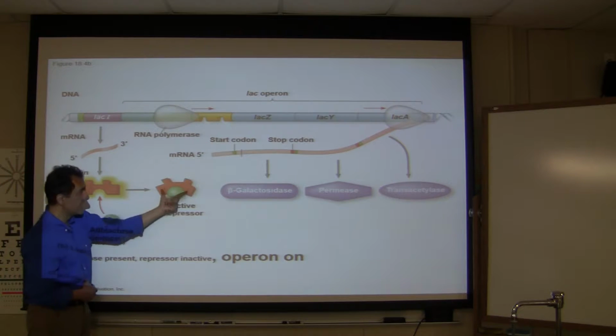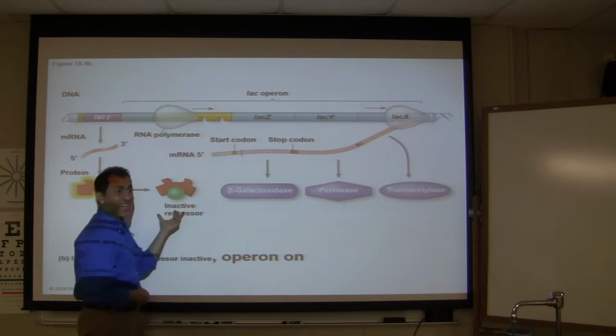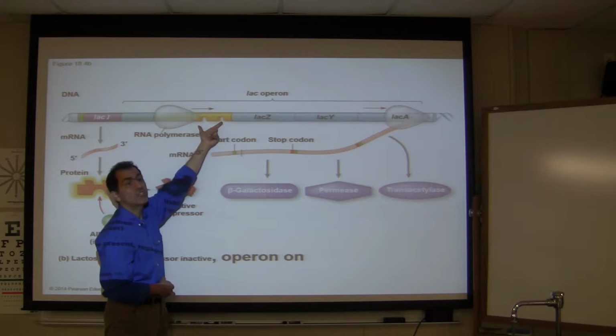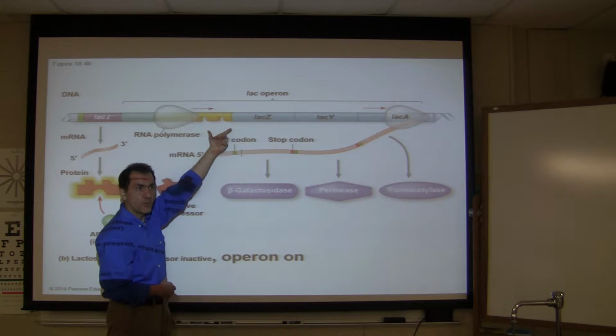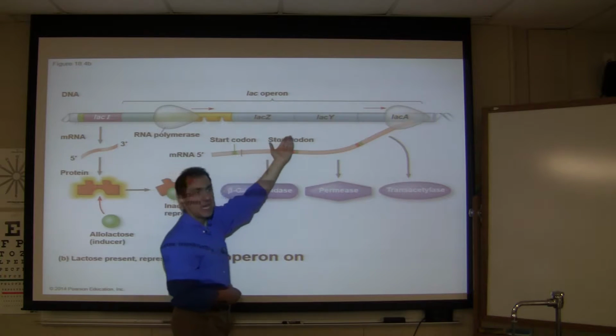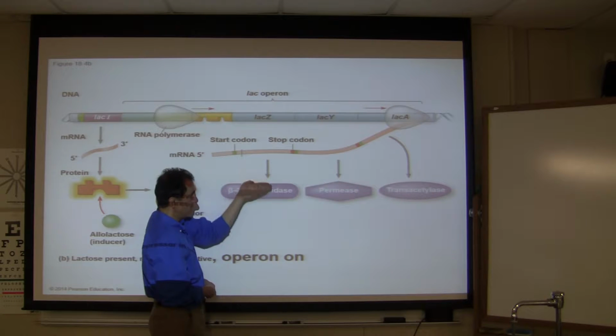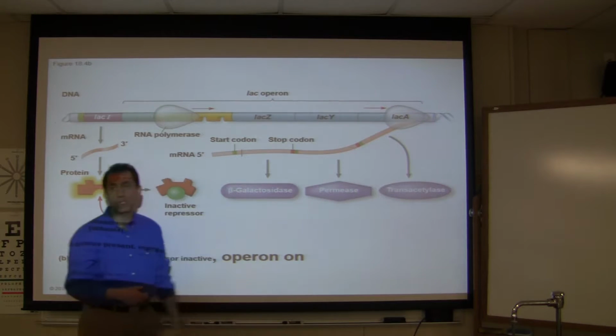A disaccharide attached to it makes it inactive. What does inactive mean? It means it does not attach to the promoter, and when it does not attach to the promoter, guess what happens to RNA polymerase? RNA polymerase moves along easily and starts doing transcription, and based on transcription, translation will occur.